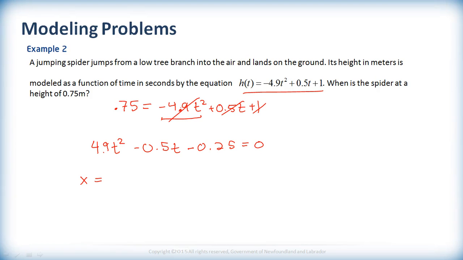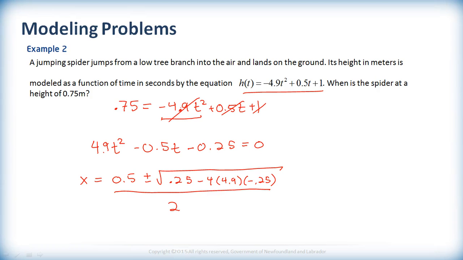So t is going to be negative b, which will be positive 0.5, plus or minus the square root of b squared. So 0.5 squared is 0.25, whether it's negative or positive. And minus 4 times a times c, so that's 4.9 for a, and negative 0.25 for c. And that's all divided by 2 times a, which is 4.9.